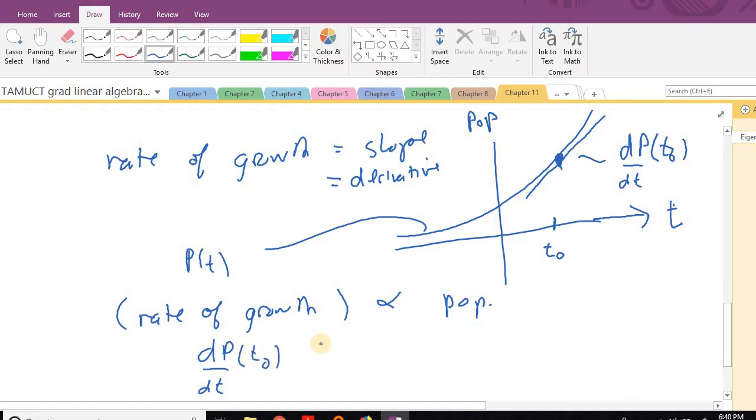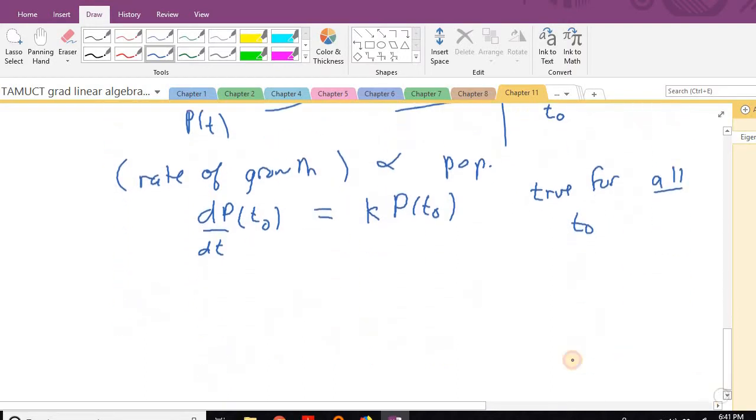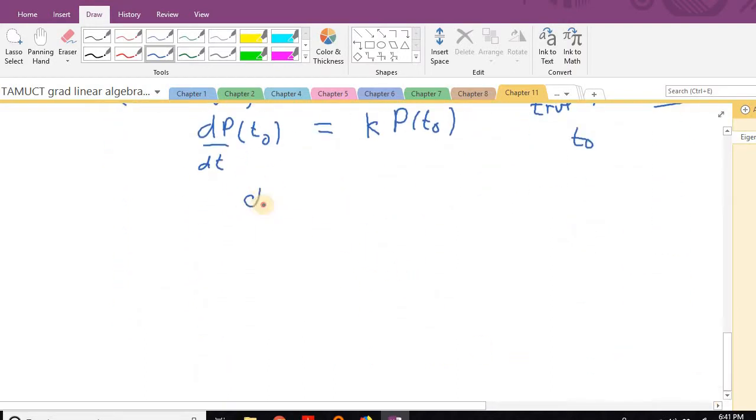Now, proportional means it's equal to some constant times the population. And this is true for all t0. So I can just replace t0 with t. So I'm saying that dp dt is equal to kp, p of t.